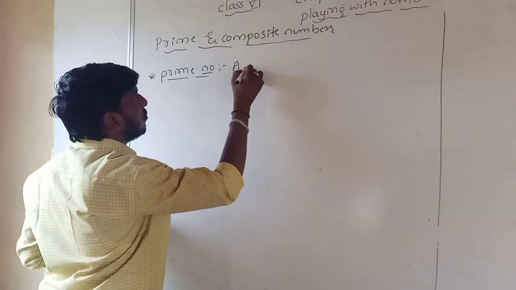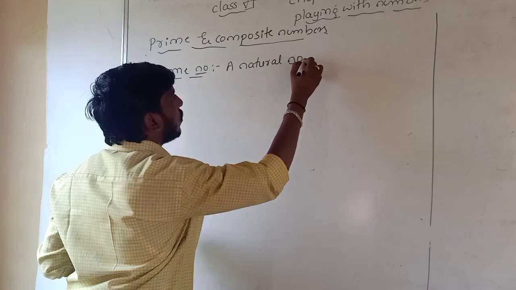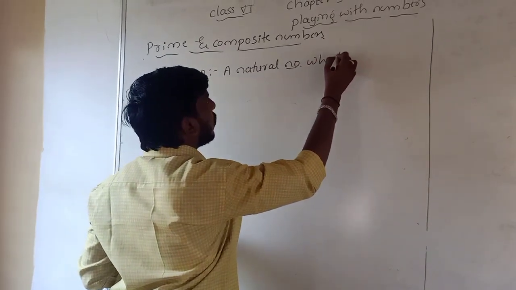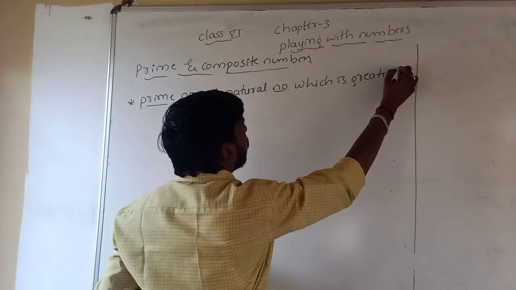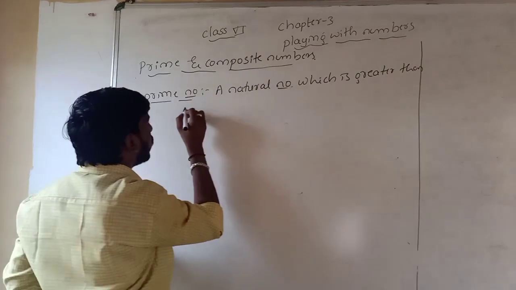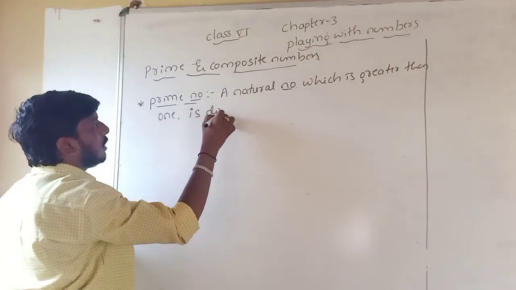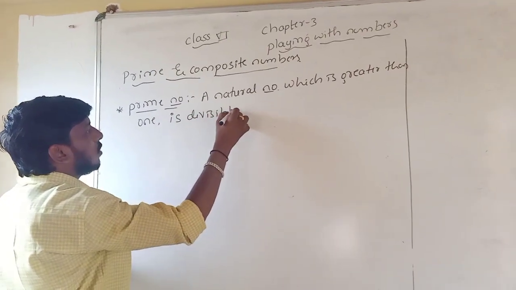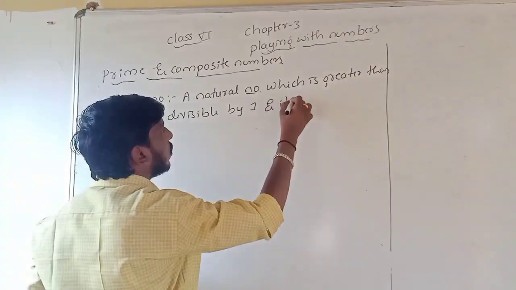A natural number which is greater than 1 is divisible by 1 and itself only.